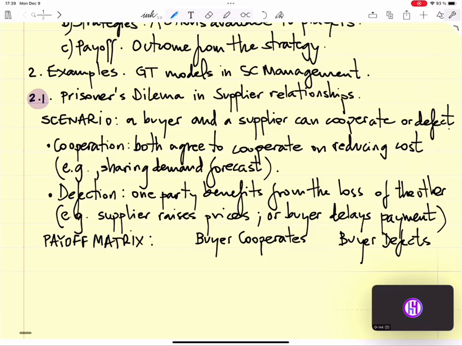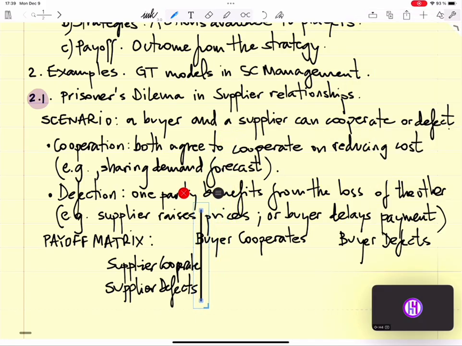And supplier cooperates or supplier defects. Let's see how much each party is winning in each case.